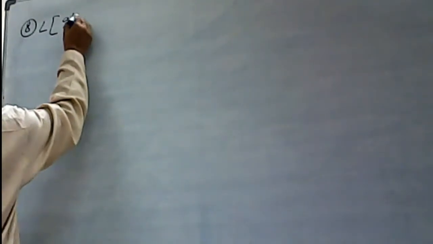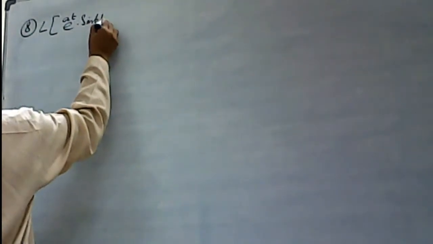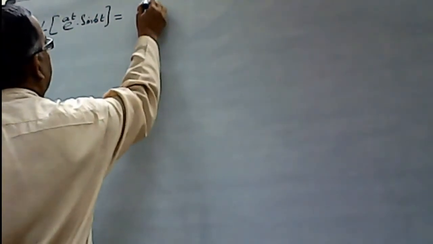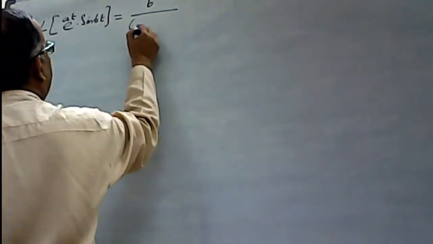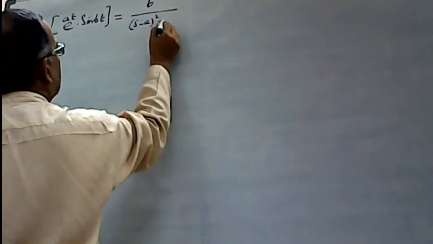I proved formula number 8, that is Laplace of e power at into sine bt, and I showed you that it is always equal to b upon s minus a square plus b square.